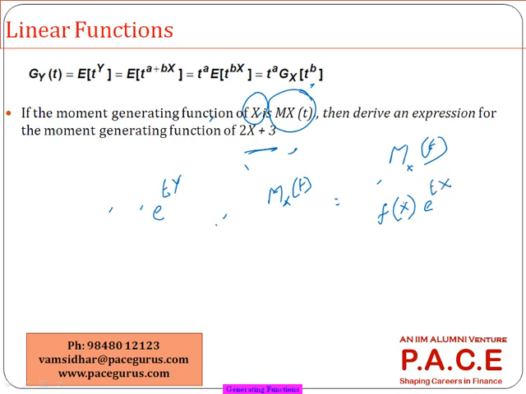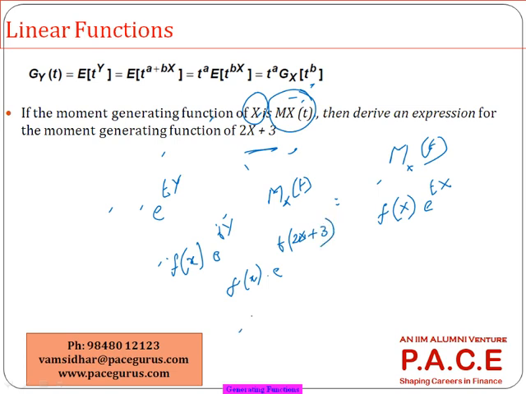That is the moment generating function of x. So when he is asking for y, which is 2x plus 3, all I need to find is f of x into e power ty, which is nothing but f of x into e power t into (2x plus 3). Y is nothing but 2x plus 3.